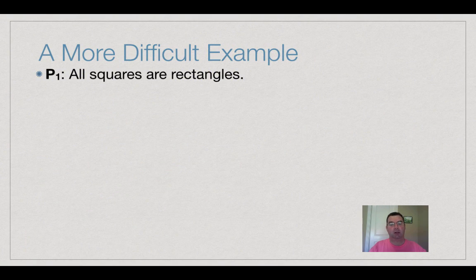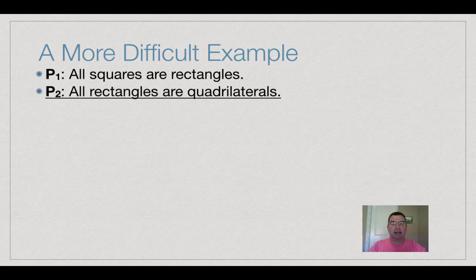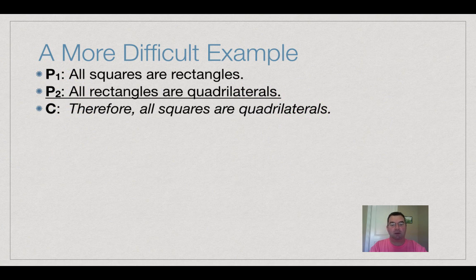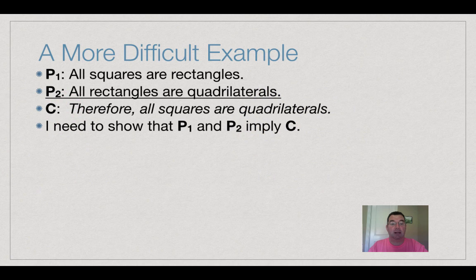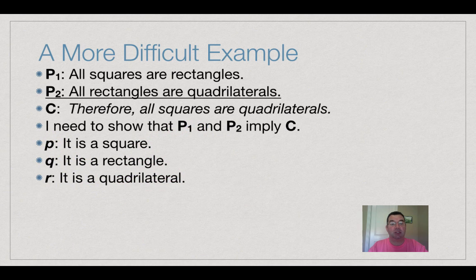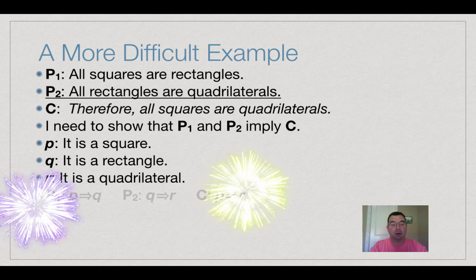All squares are rectangles. All rectangles are quadrilaterals, therefore all squares are quadrilaterals. You may have learned this as the law of syllogism. That's pretty much what I'm using here. And so I need to show that premise 1 and premise 2 imply the conclusion C. So I'm going to use proposition P being it is a square, proposition Q being it is a rectangle, and proposition R being it is a quadrilateral.